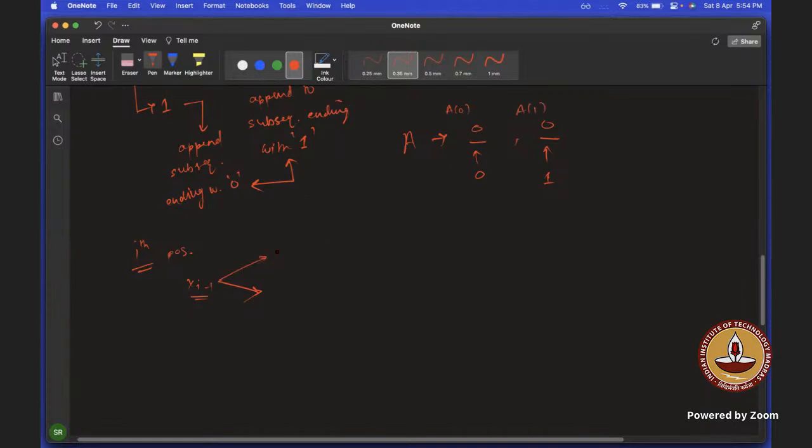Now, if xi minus 1 was odd, and another condition if it was even.